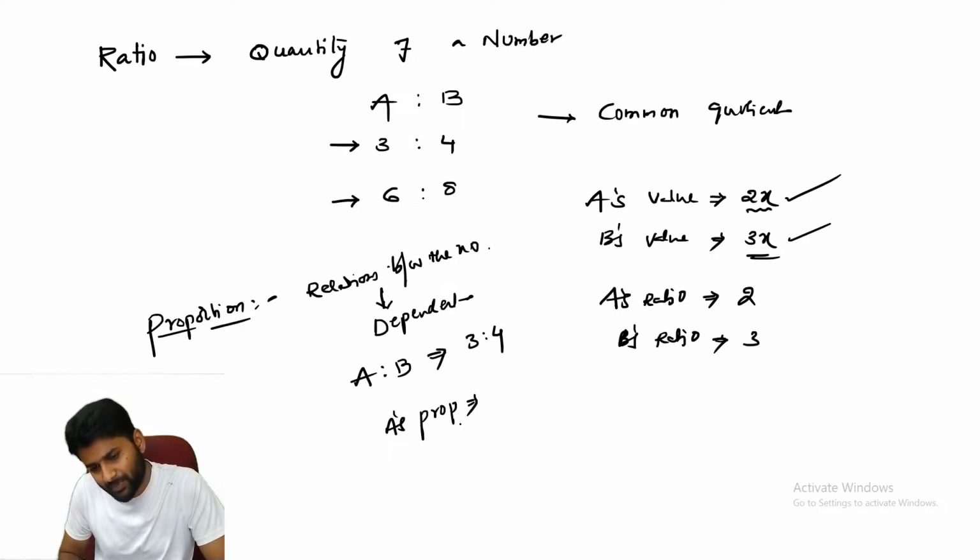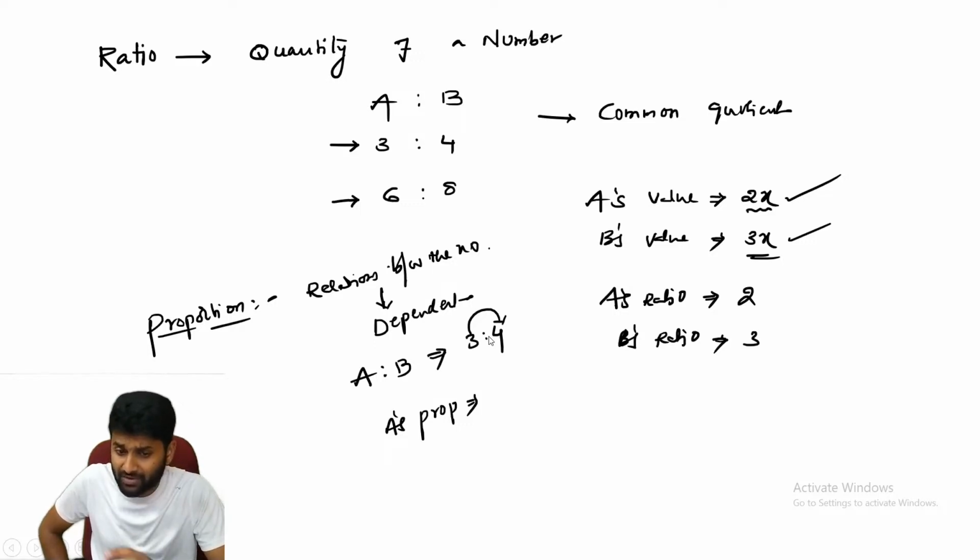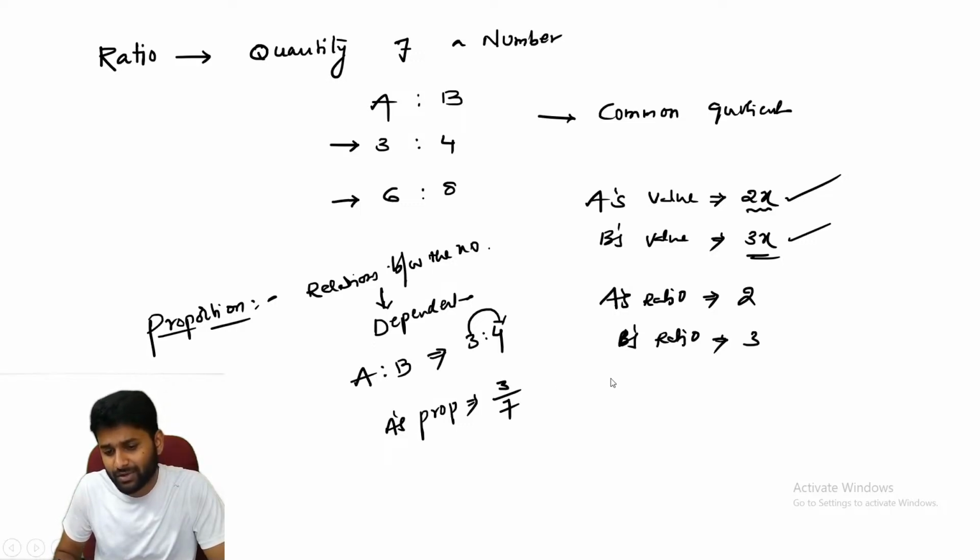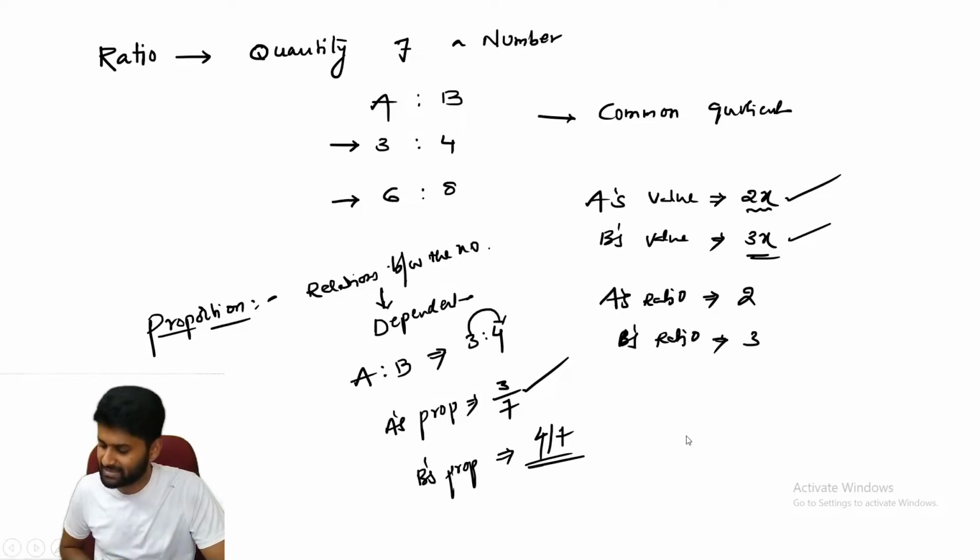A's value depends on B. Without B's value, we are not sure of A's proportion. That's why A's proportion means out of 7 units, A's value is 3 units. So A's proportion value is 3 by 7. The same way, B's proportion is exactly equal to 4 by 7.